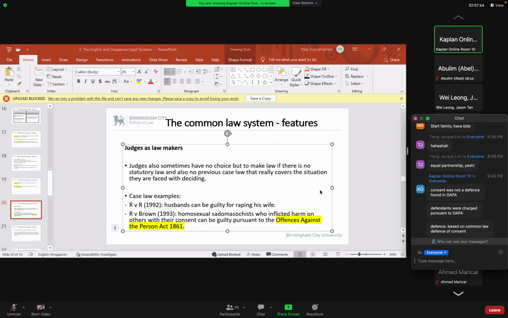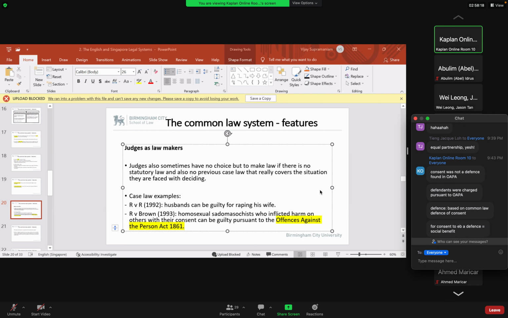In this case, the courts said no, the defense of consent cannot be applicable. Why? The courts thought that there is no social utility for consent to be a defense. There must be social benefit.